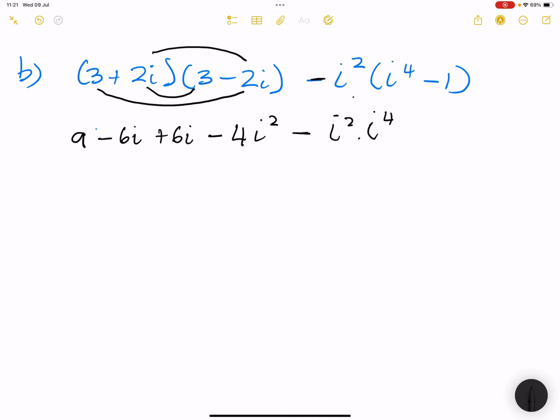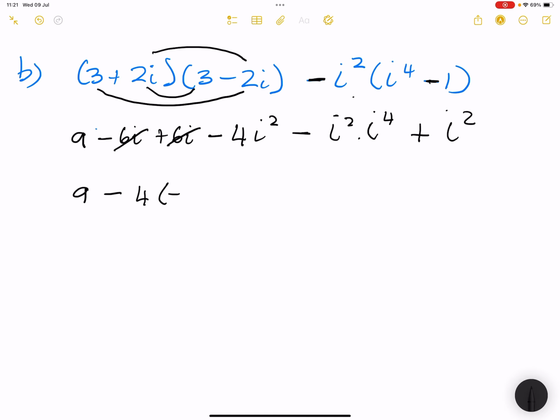And negative multiplied by negative gives me a positive. So that's I squared times 1, which will give me I squared. Right, let's simplify as much as we possibly can. Right, so this guy and that guy cancel each other out. Okay, so I've got 9 minus 4 times.